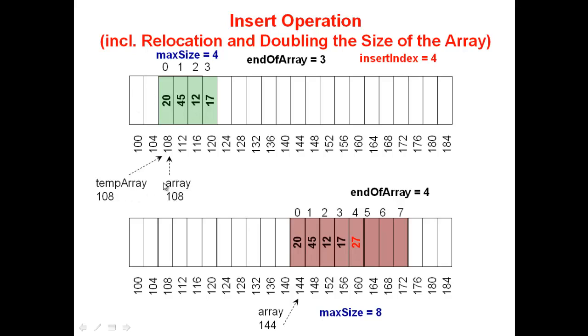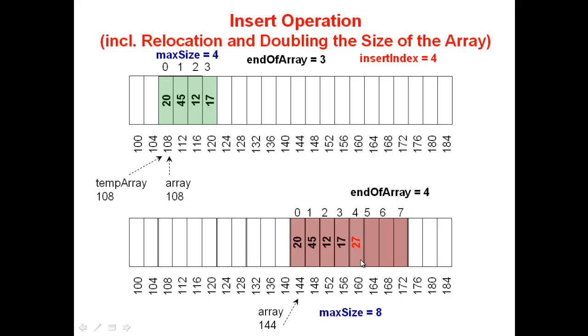And then redirect this array pointer to point to this base address 144. So that means we'll no longer be able to use this array pointer variable to access this base array. We'll need to use this temp array pointer variable to access this base array, and this array pointer is redirected to this one, so we can use this to access this array now.